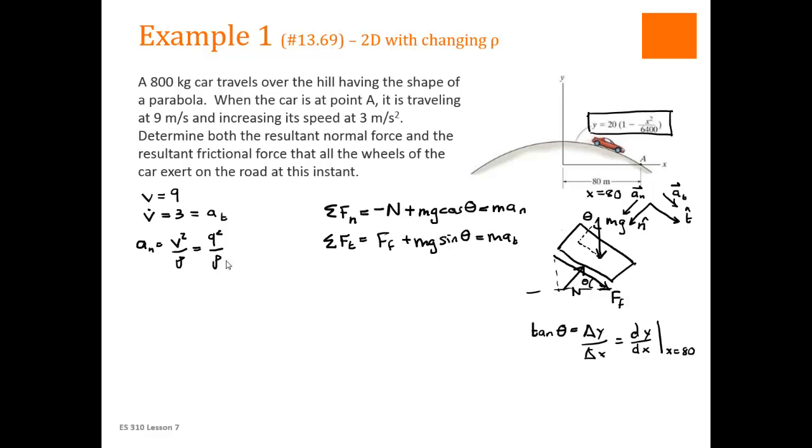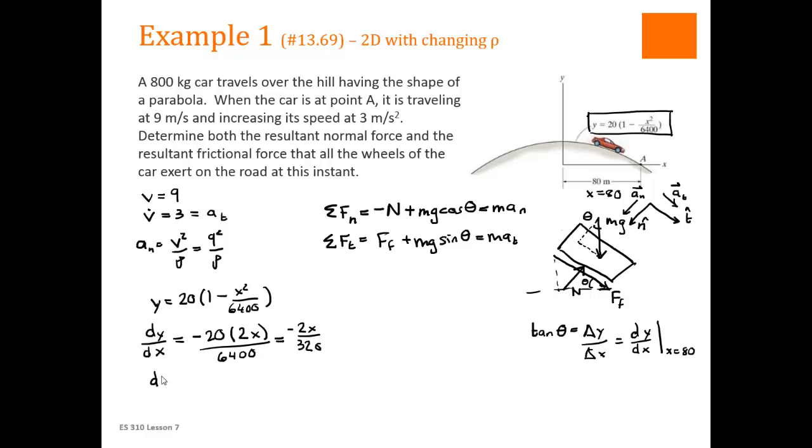So let's start with our expression. Let's start with the y direction. So y is equal to 20 times 1 minus x squared over 6,400. dy/dx is equal to, the constant derivative is 0, so minus 20 is the constant, times 2x divided by 6,400, which can also be written as negative 2x over 320.